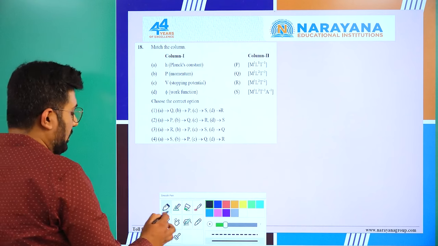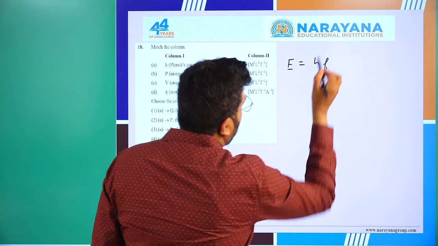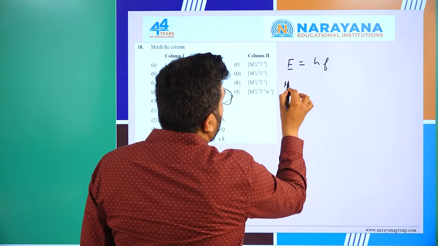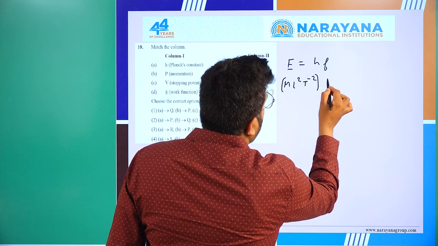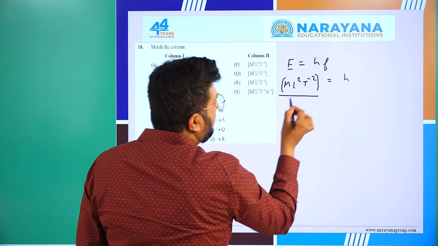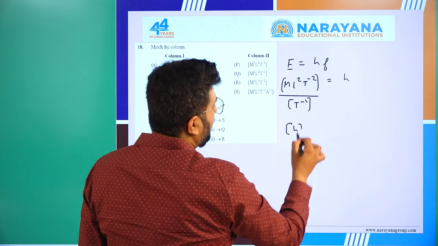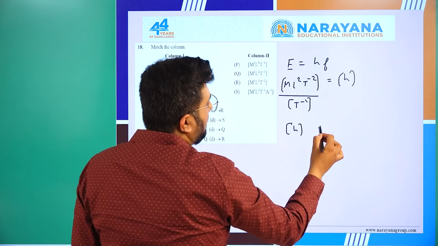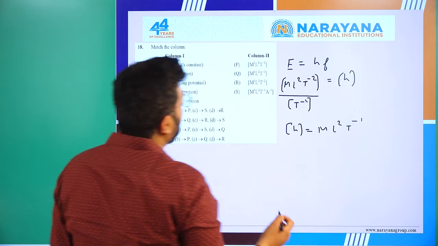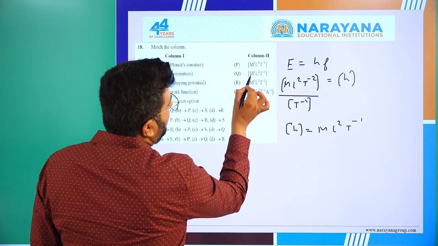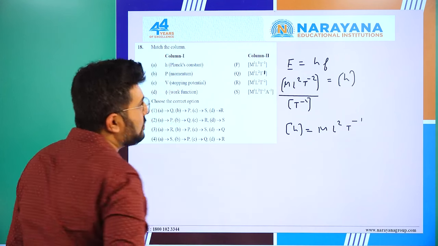So, E is ML square T minus 2 and F, the frequency dimension, is T minus 1. So, what will be the dimension of H? The dimension of H will be ML square T minus 2 plus 1 becomes T minus 1. Okay. So, here the answer is a printed mistake, M1 L2, and this will be T minus 1.